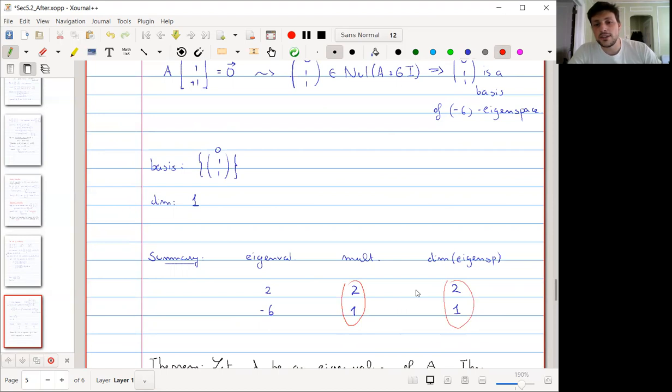In fact, there is, but the relation is not what's suggested by this example. It's not true that the multiplicity is always equal to the dimension of the eigenspace, but what is true is that the multiplicity is always bigger than or equal to it, and, in the case when it's 1, it's actually equal.